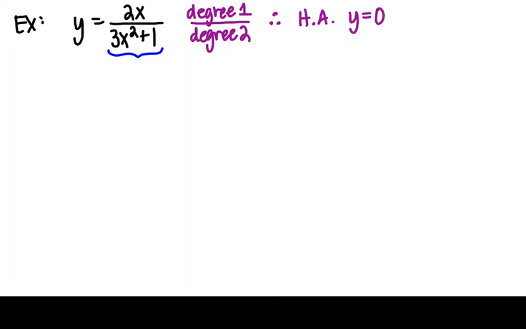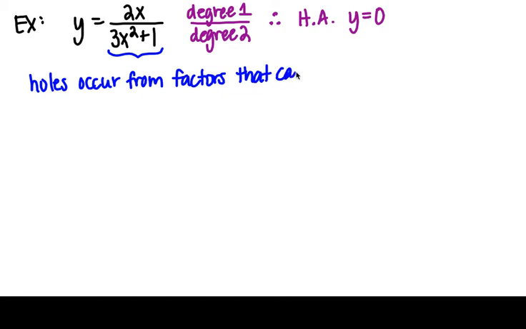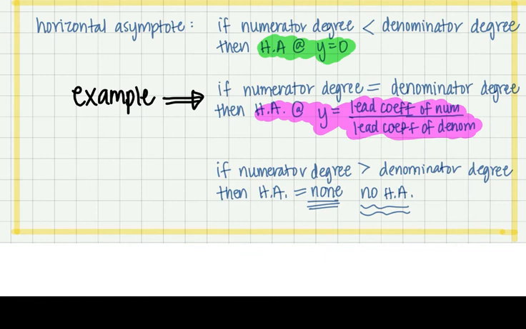The denominator is going to tell me if I have any holes or vertical asymptotes. Holes occur from factors that cancel with the numerator. I'm going to go back here and show you.